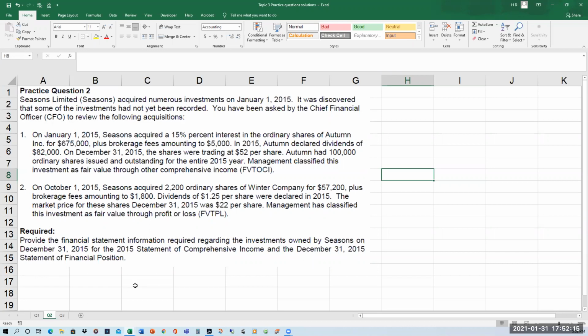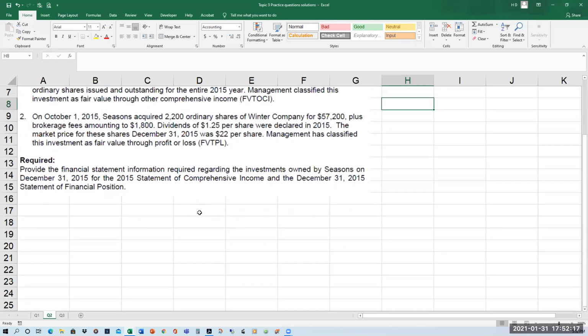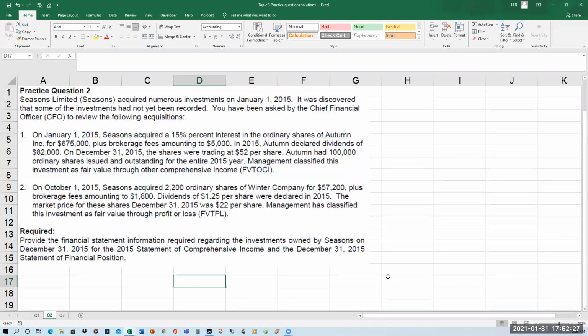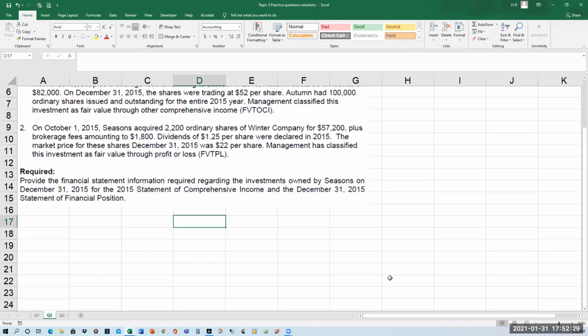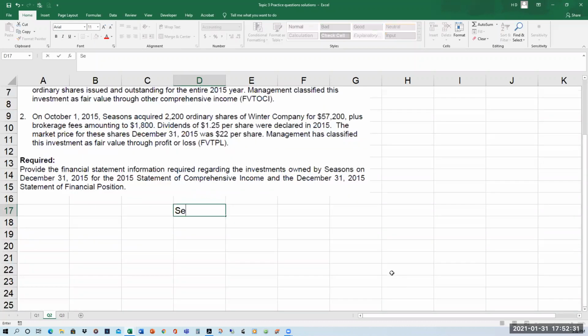So once again, we will be making a partial income statement, or rather a partial statement of comprehensive income, and a partial balance sheet. So this is in the books of Seasons.